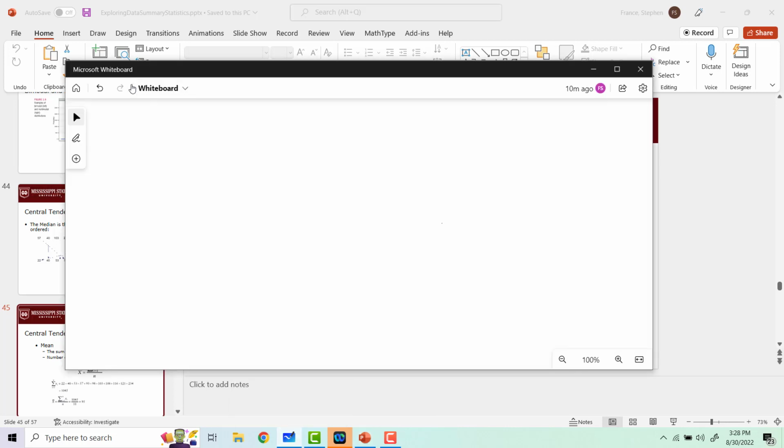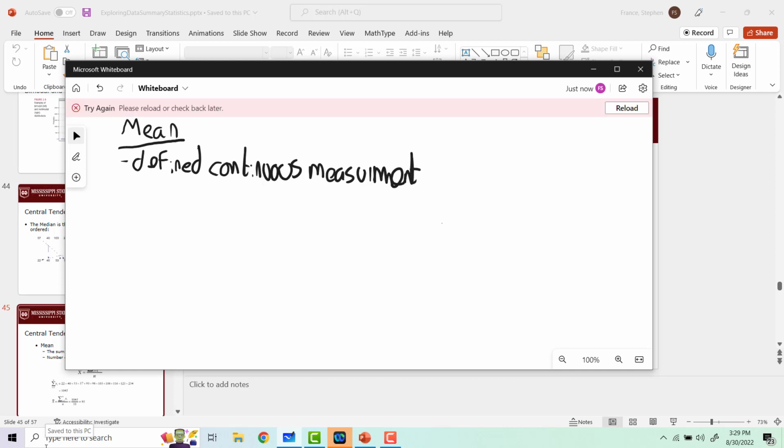So the mean is basically defined for continuous measurement levels. So that would be interval and ratio.